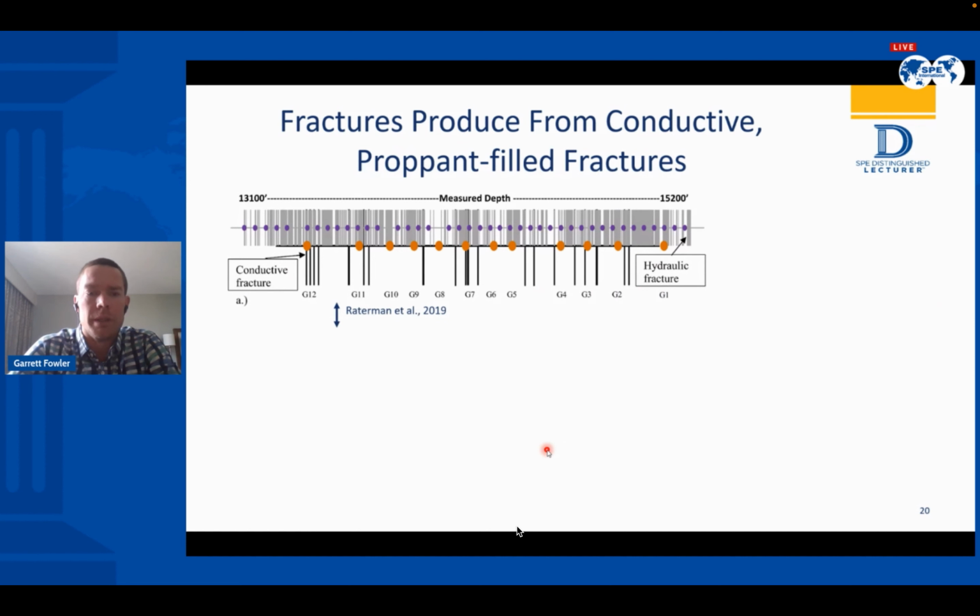And then if we combine that with this study from Conoco, Ratterman et al., what they did is they had a well that they stimulated, and in an open hole well adjacent, they mapped all the fractures with an image log they saw across that horizontal observation well.